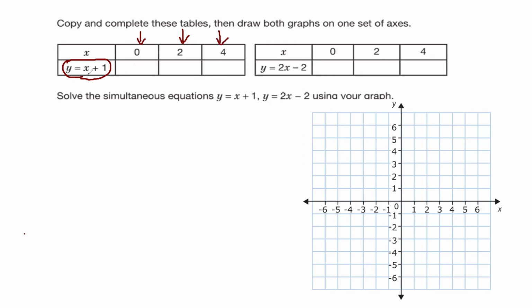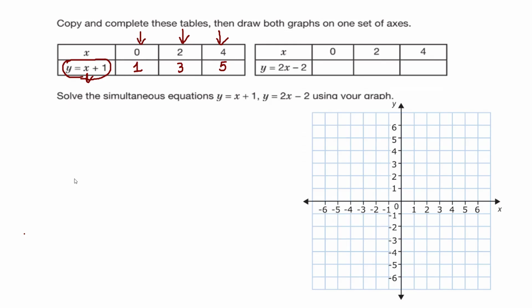For the first one, x is 0, so y will be equal to 1. For the second x value, if x equals 2, y equals 3. For the third x value, x equals 4, so y will be equal to 5.